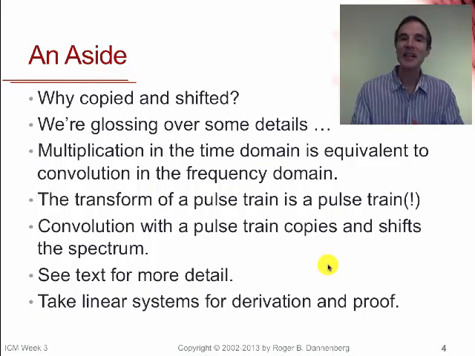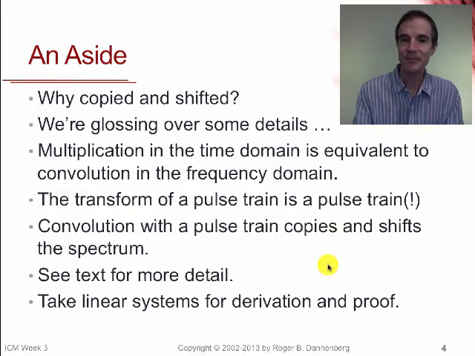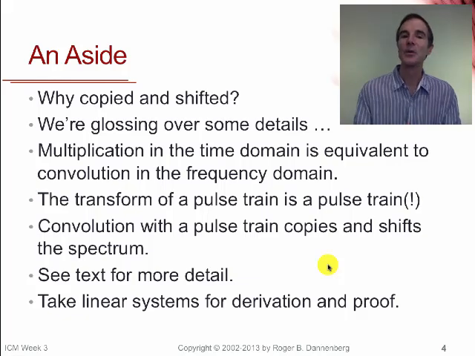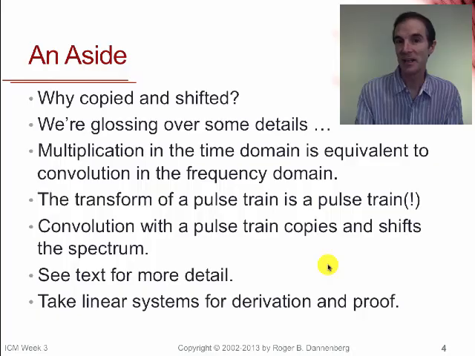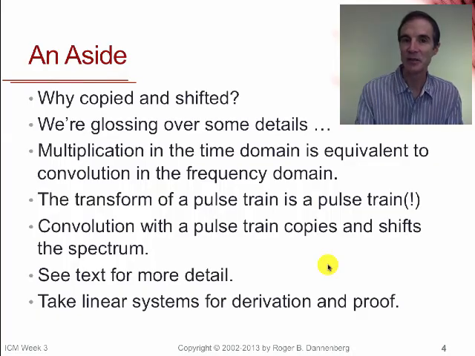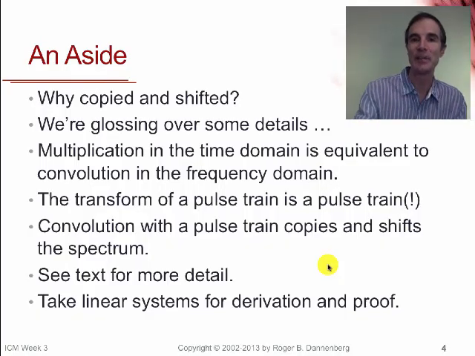The second thing is when you transform a pulse train with the Fourier transform, you get a pulse train. And so convolution with a pulse train is what does the copying and shifting. There are more details about this in the readings, and if you really want to study this in detail, take a linear systems course, and you'll spend a lot more time with it and do things in greater depth.